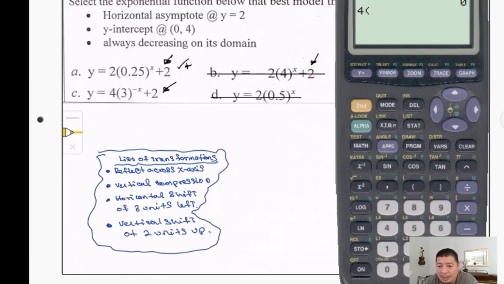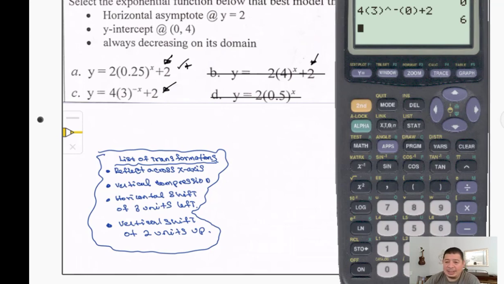4, 3, and let's go ahead and do to the power of, and then let's go ahead and do negative, what? Zero, and then it's going to be +2.